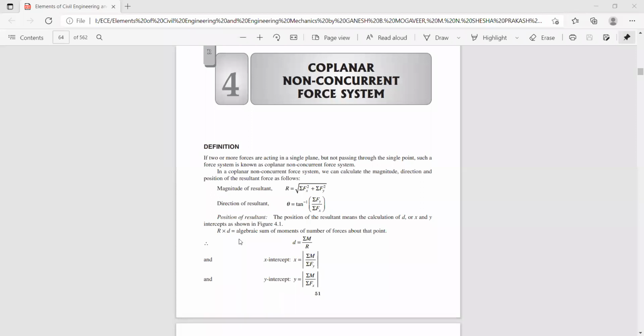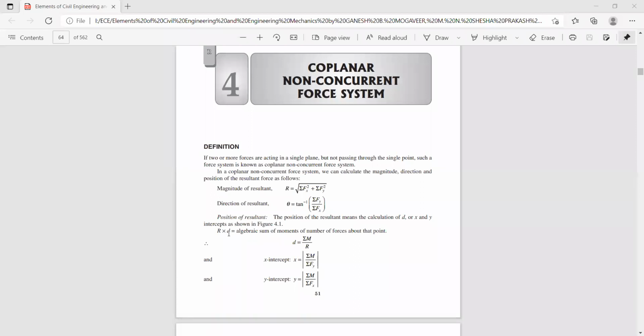So we can find the algebraic sum of moments of all the forces with respect to a certain point, and thereby we will get the value of d, which is the position of the resultant. It is given by the equation d equals sigma M divided by the resultant R. Sigma M is the algebraic sum of moments of the number of forces about that point.